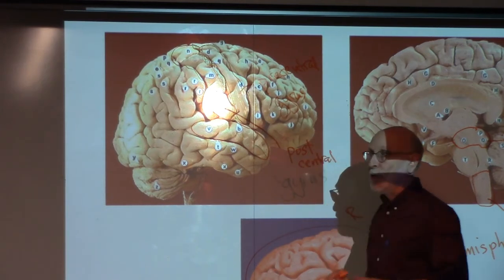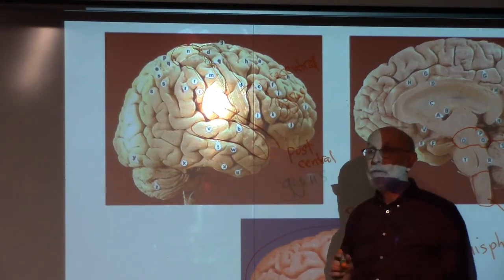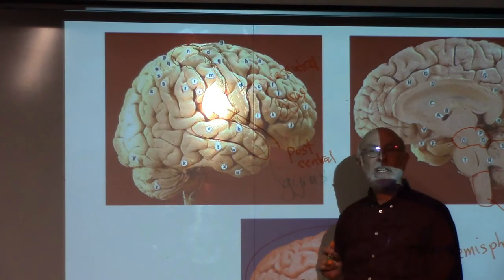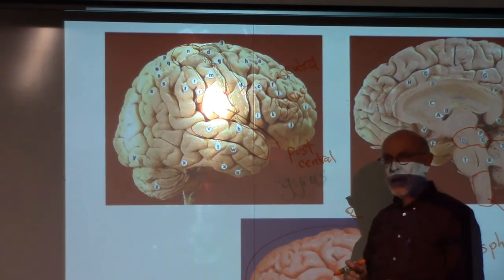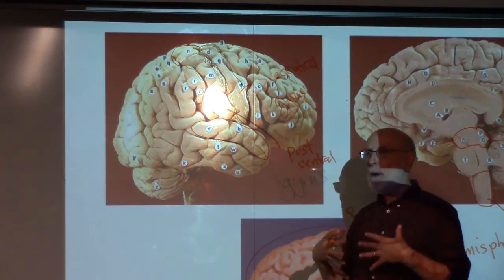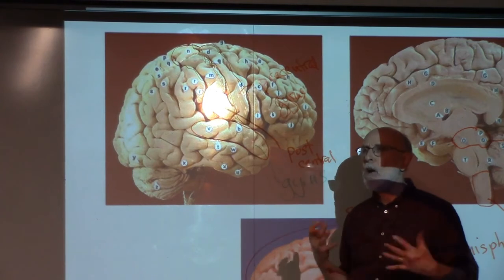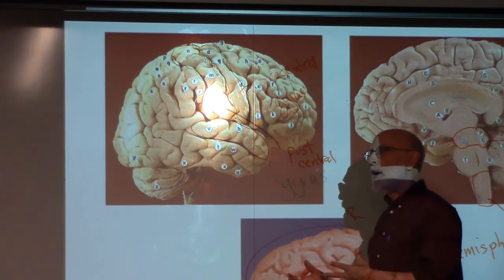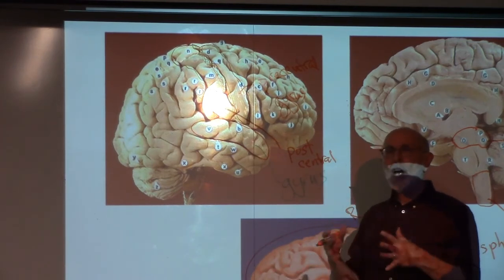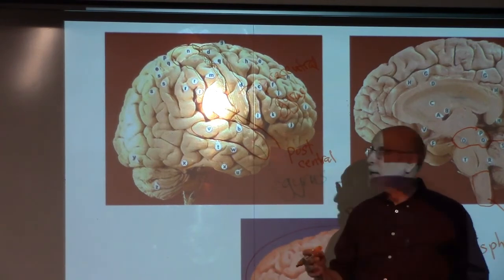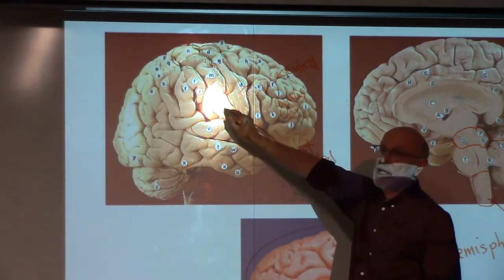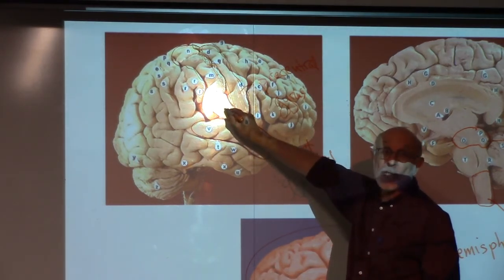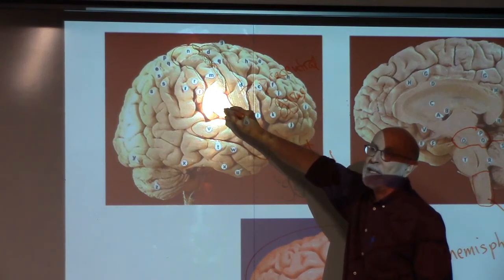Those are anatomical names. Sophie used a functional name. She said the somatosensory cortex. Somatosensory: soma, body, sensory, sensing our body. The part of our brain that does sensation of our body is in the post-central gyrus. This is also known as the somatosensory cortex, or the somatosensory gyrus.